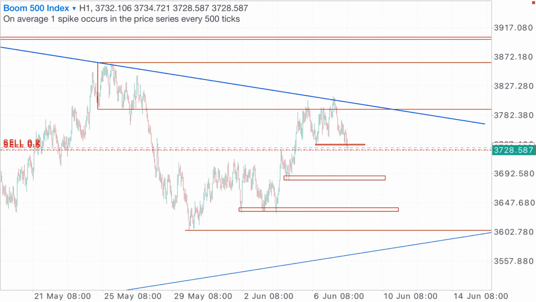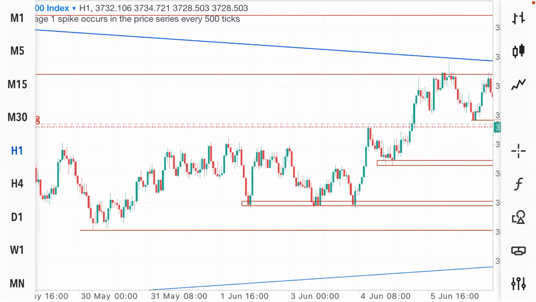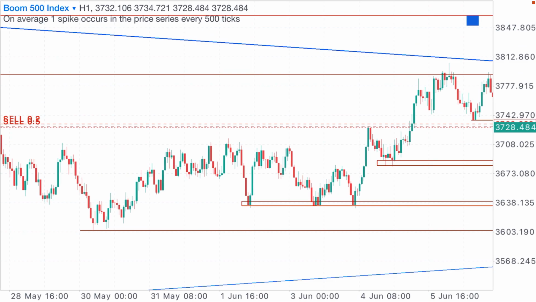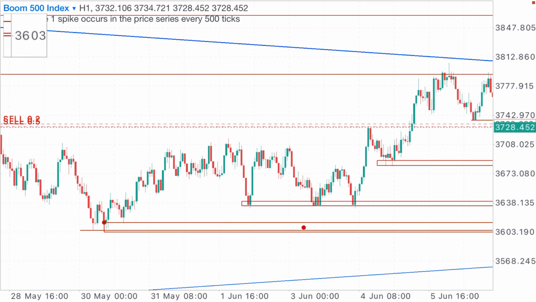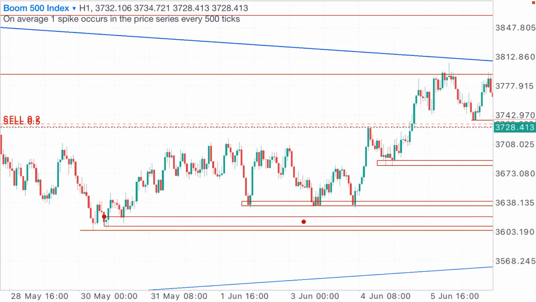Taking profit at this level here is very okay, or even here itself is very okay. Or else you want to swing the trade until price gets to this last low over here, or the last demand zone.